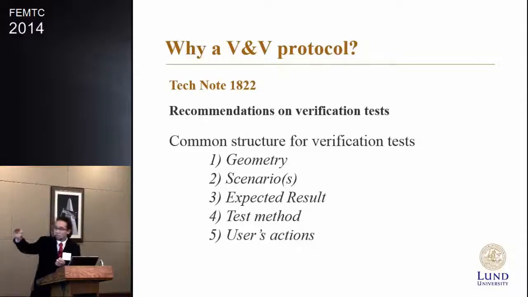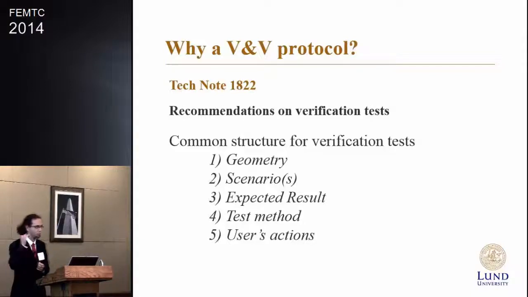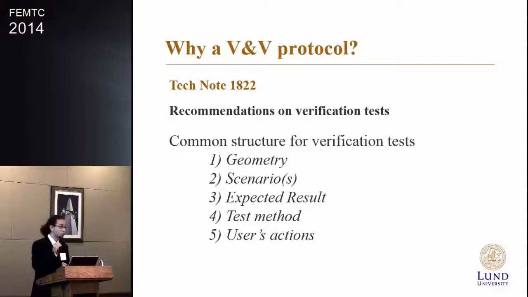So if you tell the model tester in a very structured way, in the fifth point, the actions the model tester should do to document this, in the way you have run this, what different variations of your test you need to do, depending on the type of model that you have.